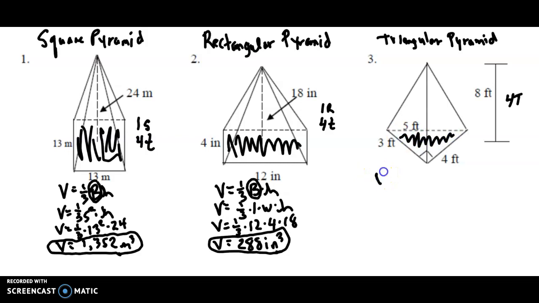Alright, V equals 1/3, capital B, cursive H. For B, it's a triangle, so that's going to be 1/2 base times height times that cursive H. The triangle, for the base and the height, we look for the right angle, so we need to use 3 and 4.